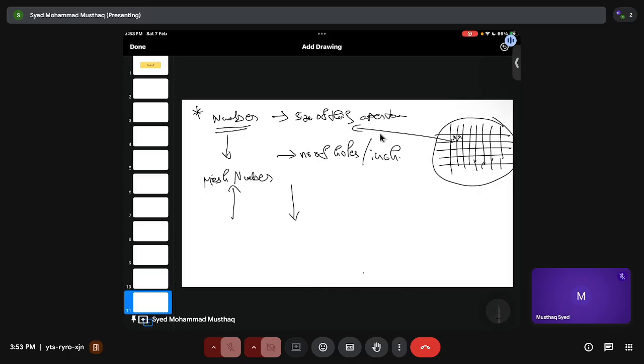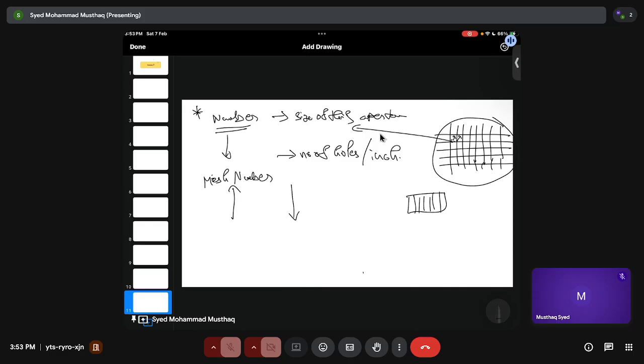Because the number of holes per inch needs to increase, and to accommodate more holes in 1 inch, you have to decrease the size. So that's what happens here. And there are certain numbers like 200 mesh, 300 mesh. For example, if I'm talking about 200, it corresponds to 75.